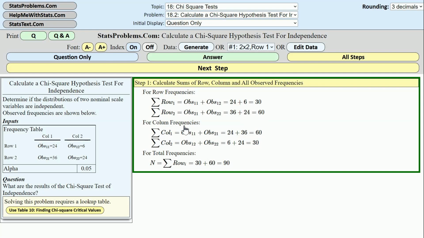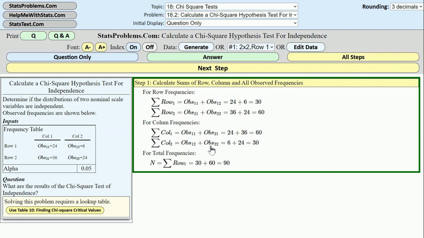For column frequencies, the sum of column 1 is the frequency of row 1 column 1, OBS 11, plus the frequency of row 2 column 1, OBS 21. In this example, the sum of column 1 is 24 plus 36, which works out to 60. The sum of column 2 is the frequency of row 1 column 2, OBS 12, plus the frequency of row 2 column 2, OBS 22.